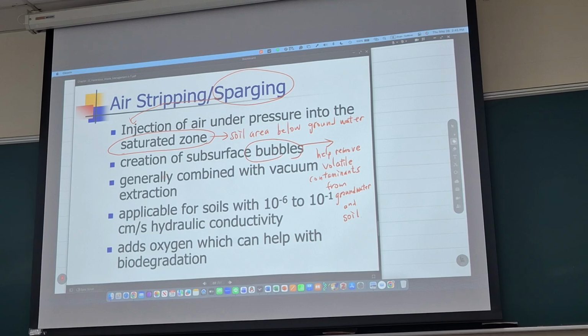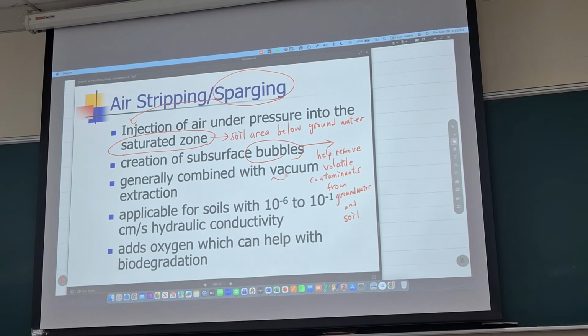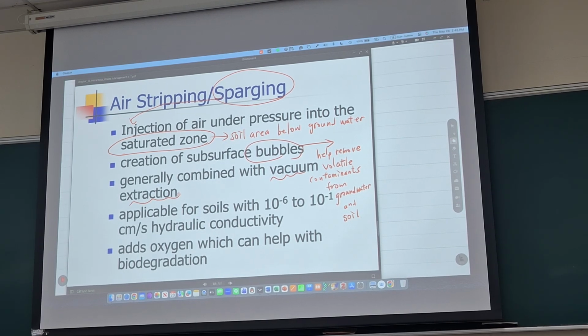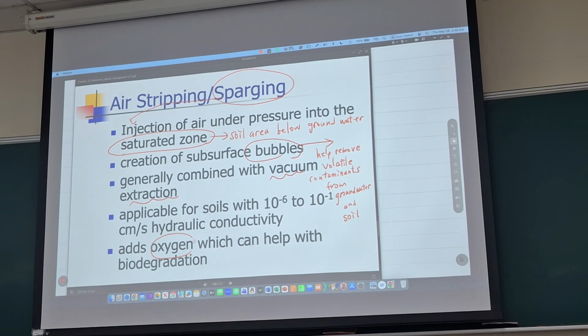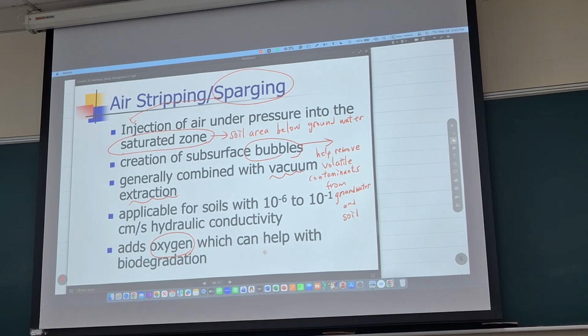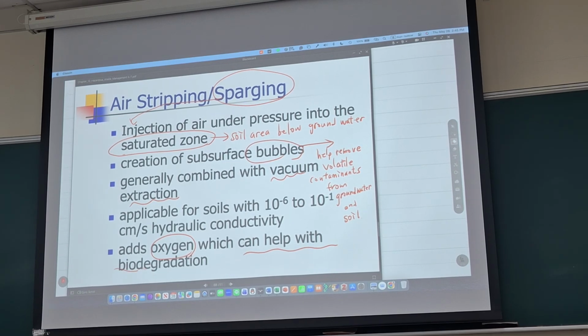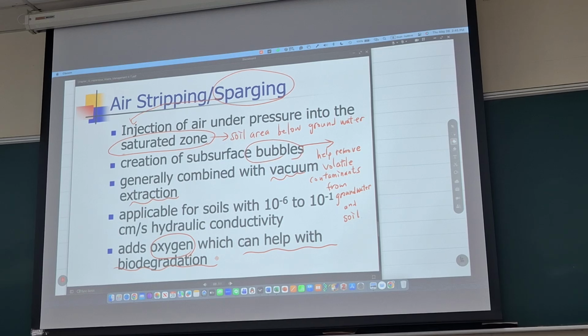And usually it combines with vacuum extraction. Usually the vacuum extraction is used together to collect vapor. And sometimes we also add oxygen, because it can help with biodegradation.